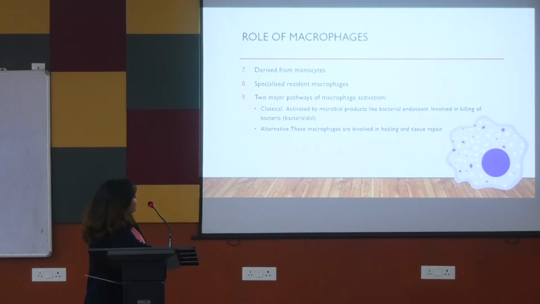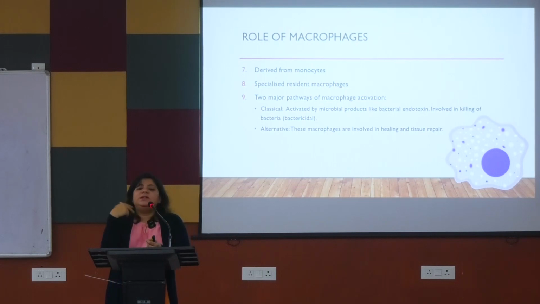Alternative pathway, these macrophages are involved in healing and tissue repair. Now the second type of macrophages, they are produced a little later, and they are doing the job of healing and tissue repair. So two kinds of macrophages will be found in any chronic inflammatory site. Is it clear?